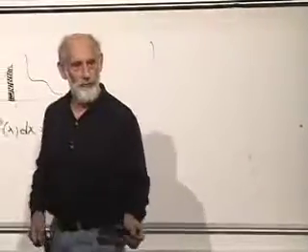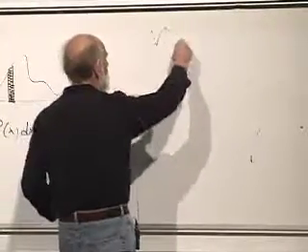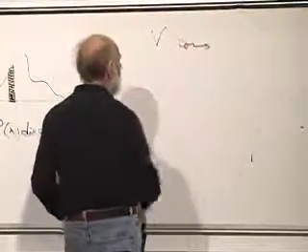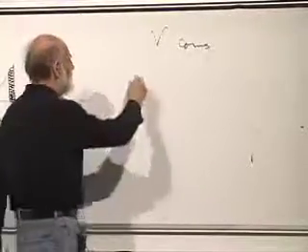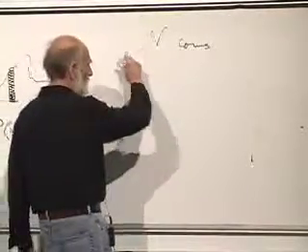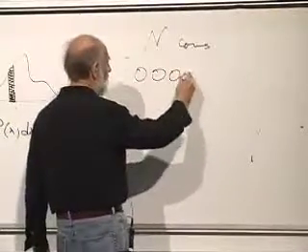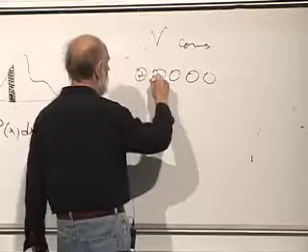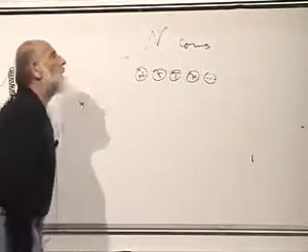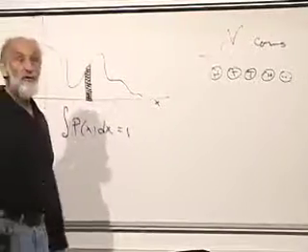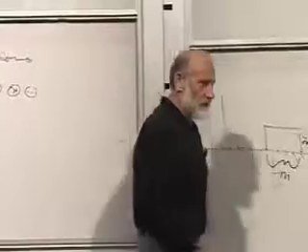Supposing I have a bunch of coins. N coins, big N coins, each of which can be heads or tails. That's my system. My system is not a single coin. My system is N coins. Heads, tails, heads, and so forth. And supposing I know nothing about it, let's take the most extreme example of ignorance.